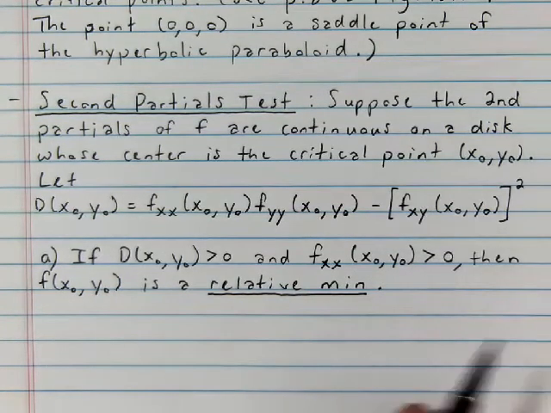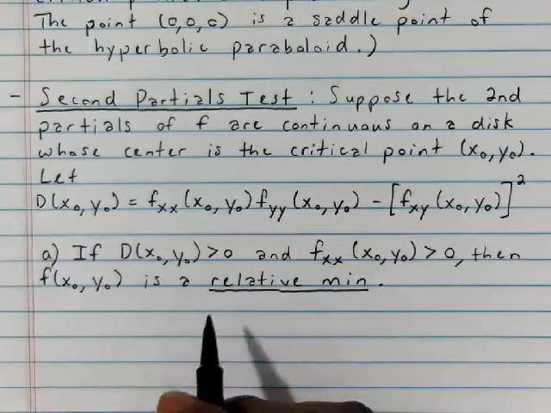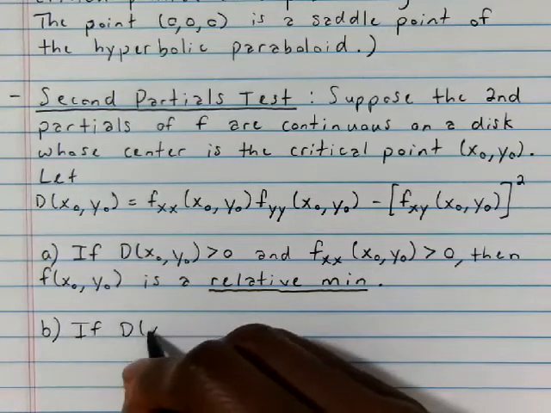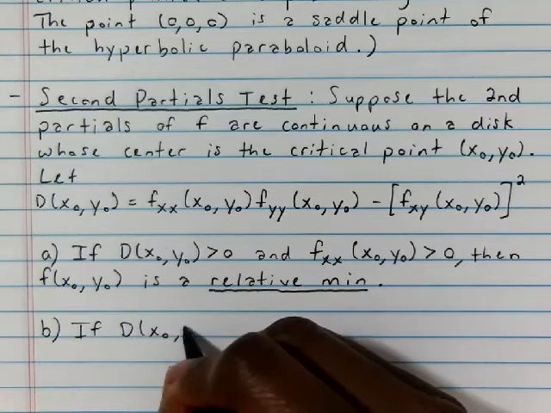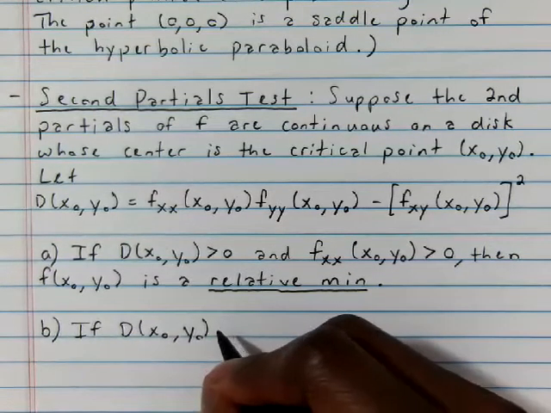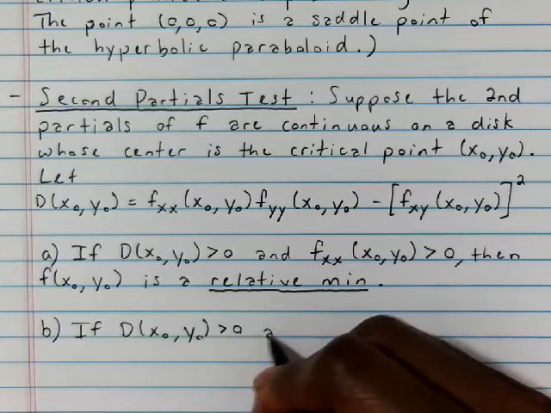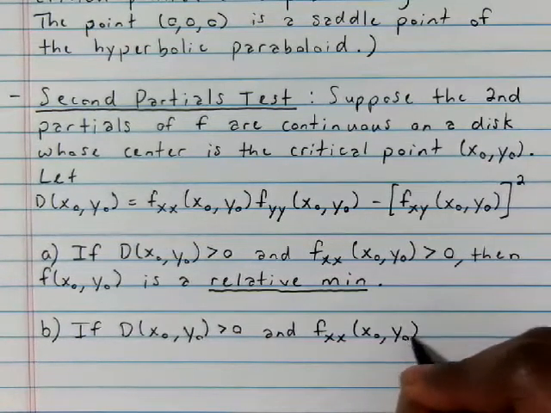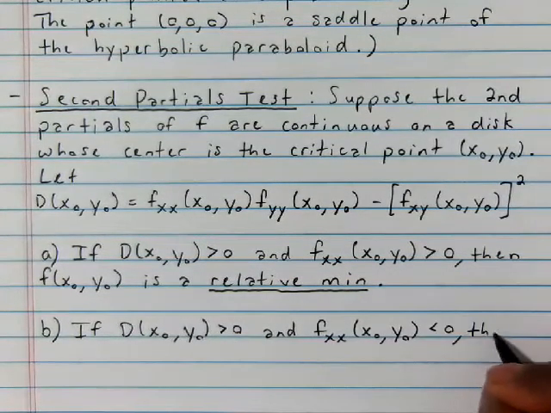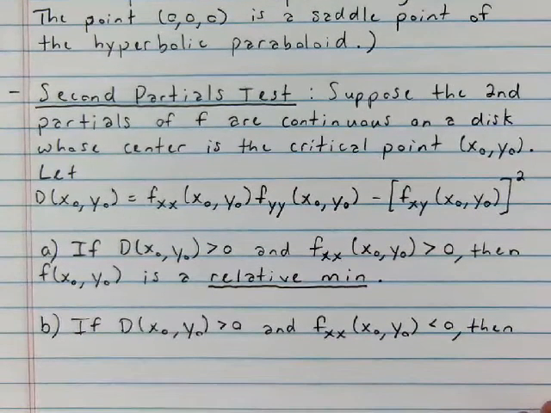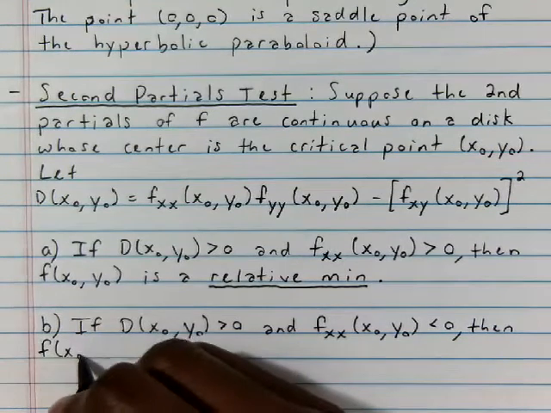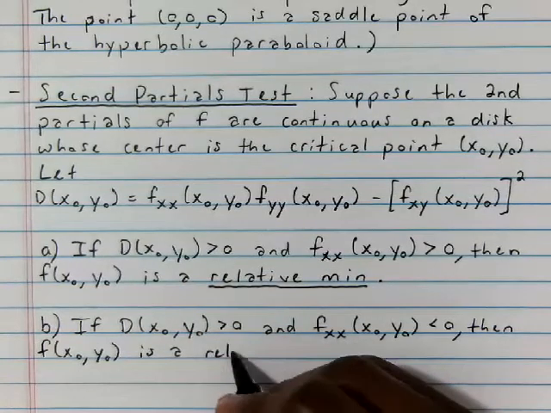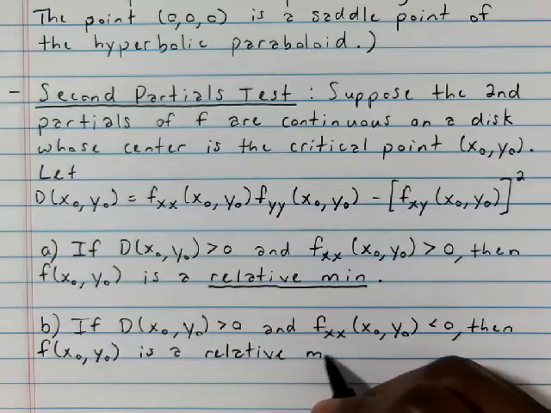So B, if D of (x naught, y naught) is greater than 0 and f sub xx at (x naught, y naught) is less than 0, then f of (x naught, y naught) is a relative maximum.